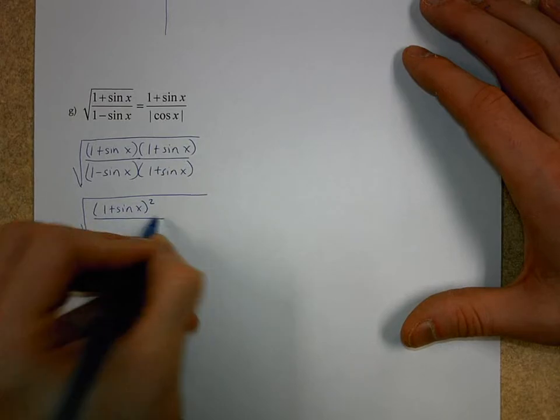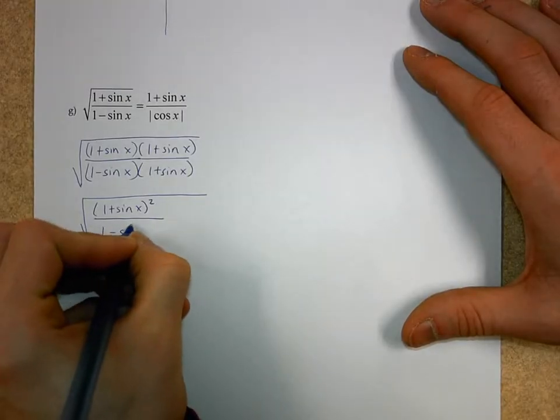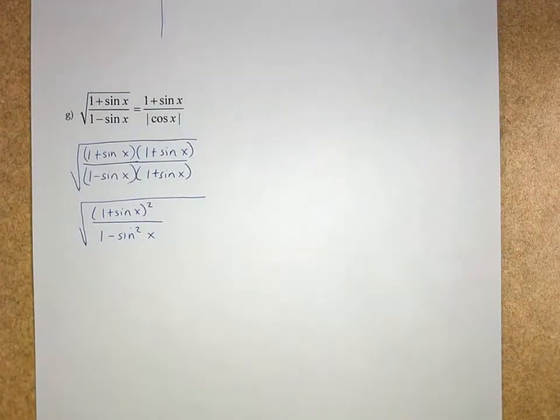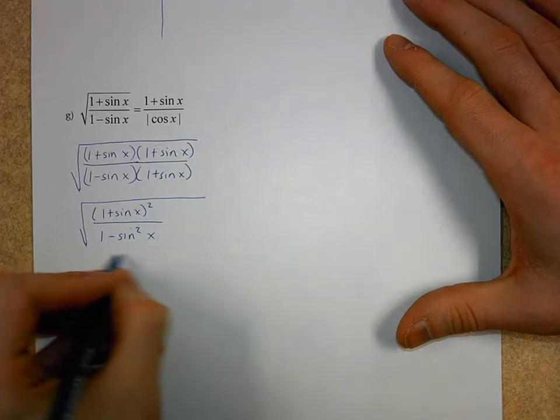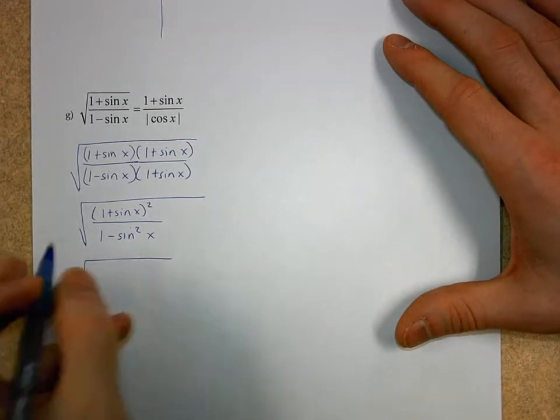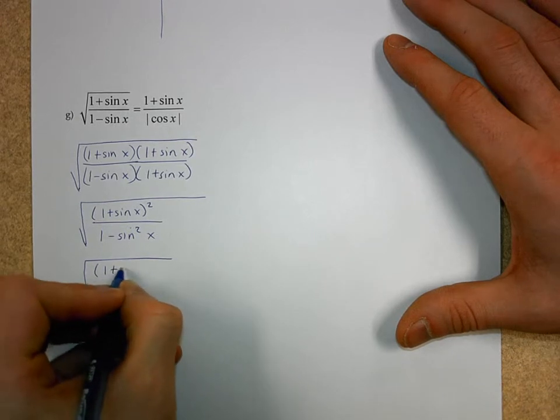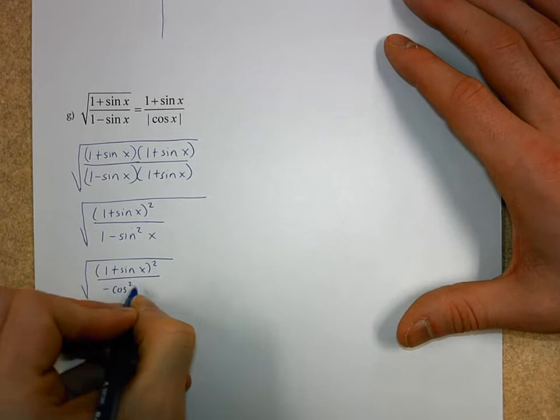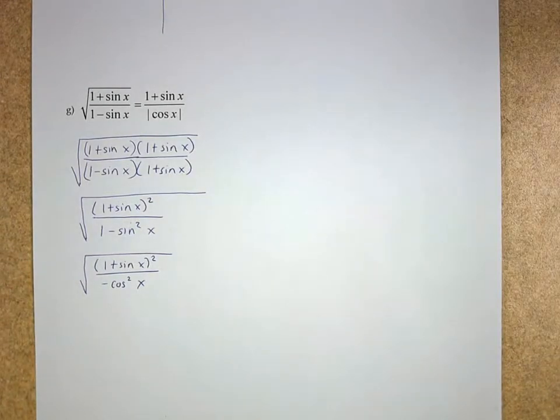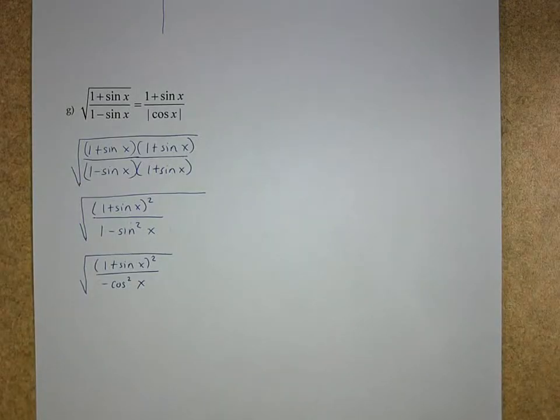And in my denominator, I'll have 1 minus the sine squared of x. And this 1 minus sine squared of x in the denominator ends up being cosine squared of x.